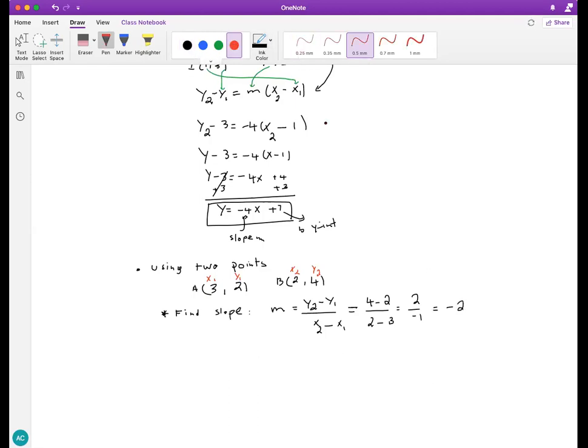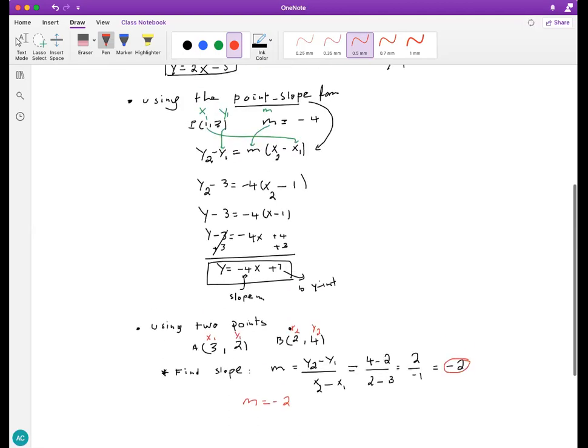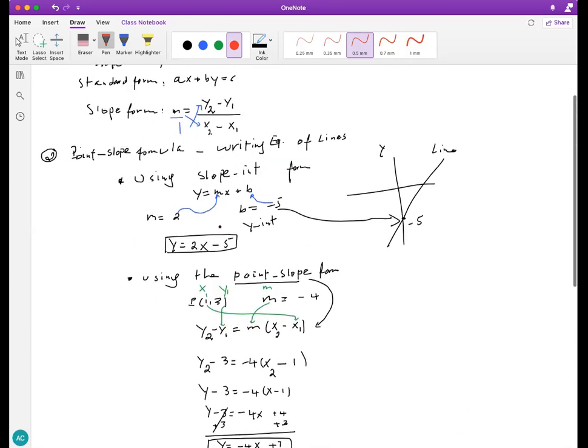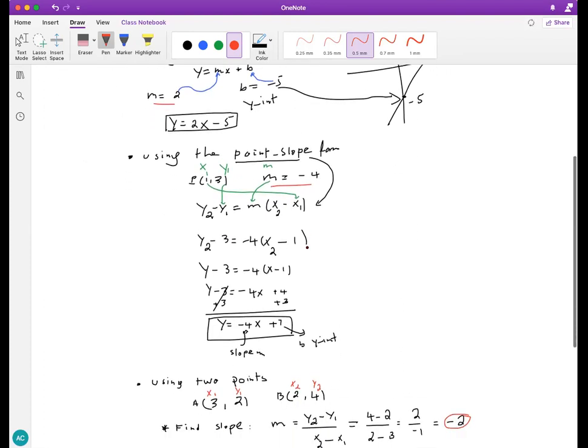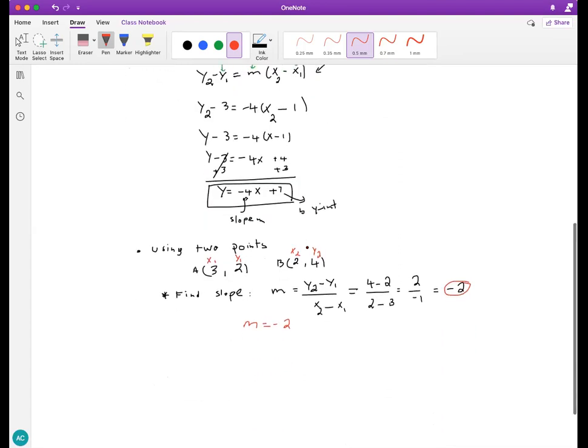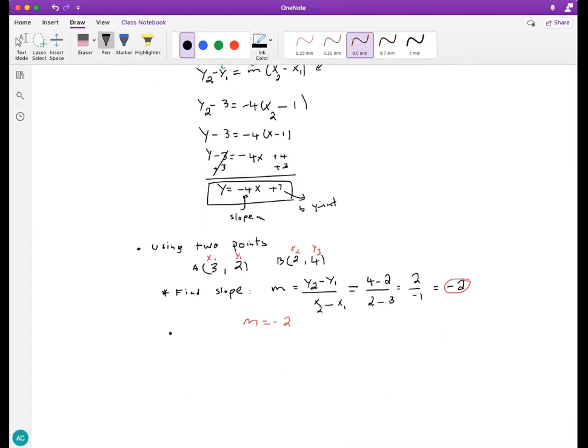That's the first important step here. We need that slope. So m is -2. Now we're getting closer. m is very important for a line. It tells us a lot of things, and we can use it to graph a line easily. So first you want to find your slope.